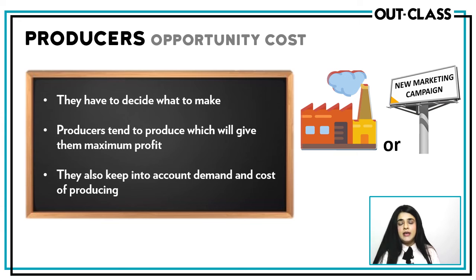For example, if I decide to run a school for profit, and maybe if I had set up a shopping center instead, maybe that would give me more profit. So in this case, opening up the school, I'm incurring a higher opportunity cost with not opening a shopping mall in that place. Every time producers invest in a particular business, they are also incurring an opportunity cost. But producers obviously tend to make their choices based on what will give them maximum profit.